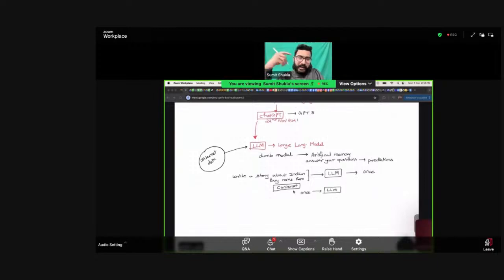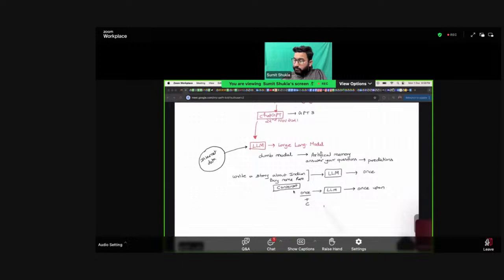It was not able to reason. And I'll tell you what is the meaning of reasoning. If I say write a story about Indian boy Ram, the LLM will predict the first word, which is also known as a token. It will take this context, the first word and the context, and it will generate the next word, which will be once upon.